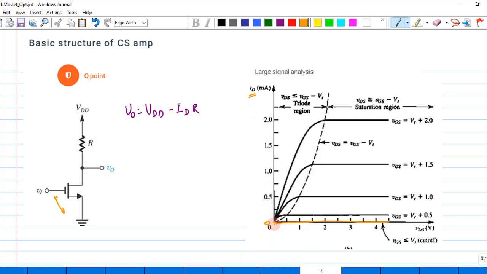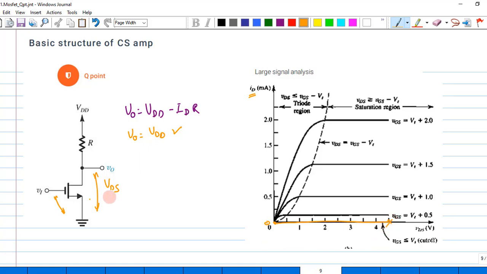When I substitute, I get a value of Vout equal to VDD, just because ID is equal to 0, and this Vout is the voltage drop across my drain to source potential. Because this graph is ID versus VDS, I can pick this value of VDD and fix it over here.